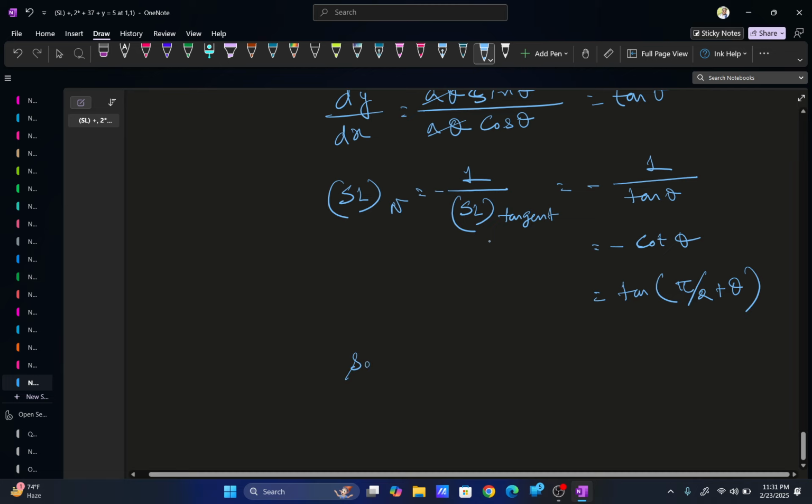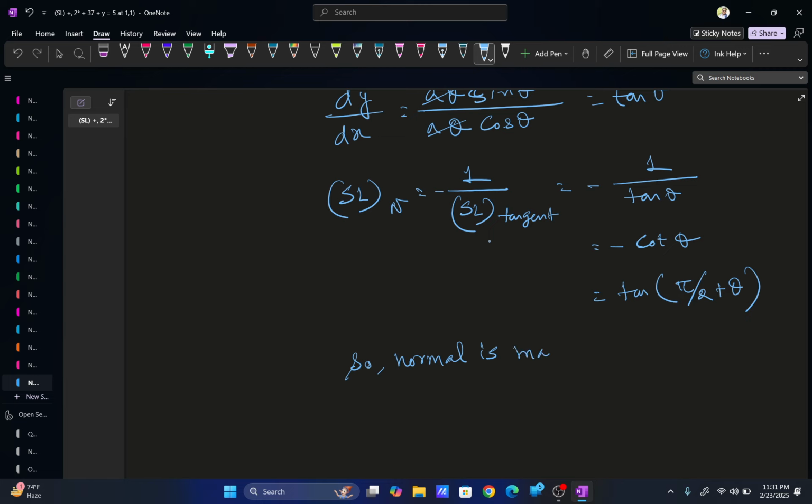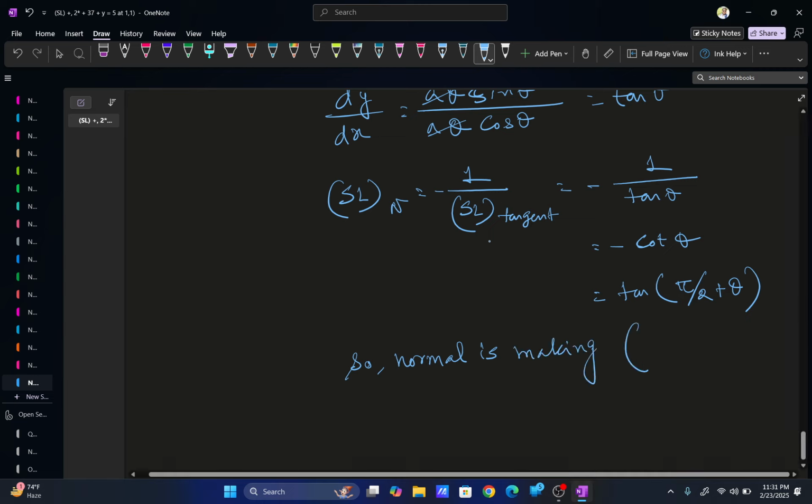So we say normal is making pi by 2 plus theta with the x-axis.